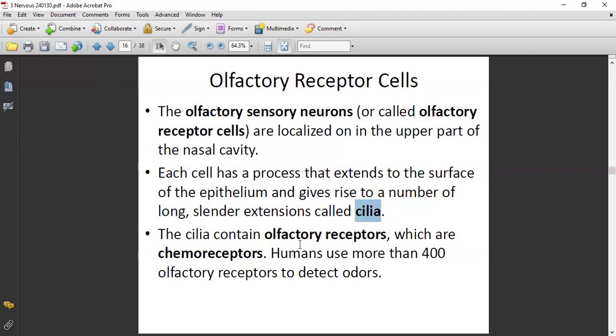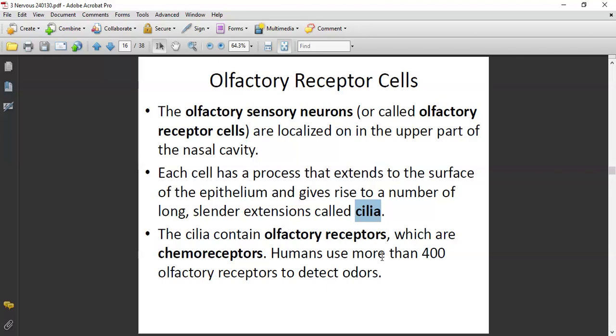And then we have the chemoreceptors to pick up different fragrances. Humans can smell about 4 different types of odors. Some mammals are more sensitive to even more different types of chemicals, but humans can already smell a lot, right?